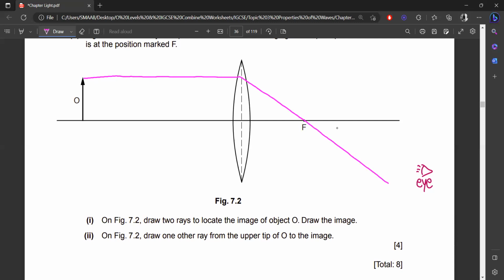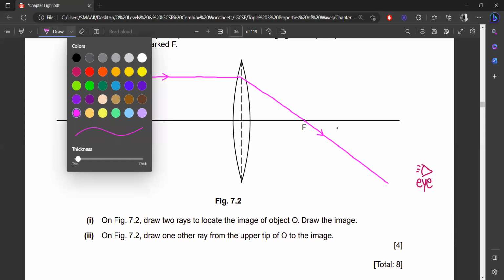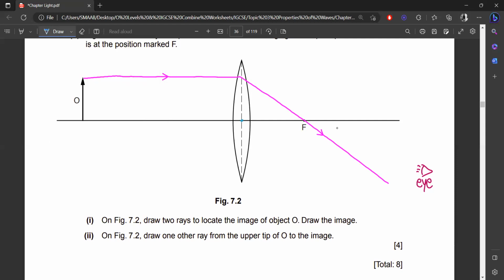And the second ray will pass from which position? From the center? Yes, from the center, that is the optical center, this point. Actually, I am drawing freehand, so it may be a bit off.